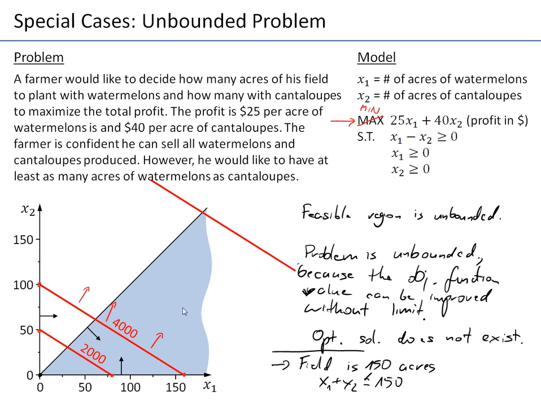This objective would have the same level curves, but the improvement wouldn't be in this direction. It would be in this direction, right? If we minimize, we would like to decrease the value, and in this case, this corner point would be the optimal solution. So when you have a feasible region that is unbounded, it doesn't mean that the problem is unbounded.